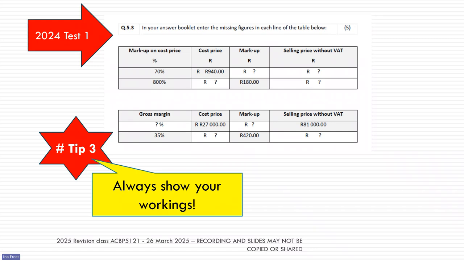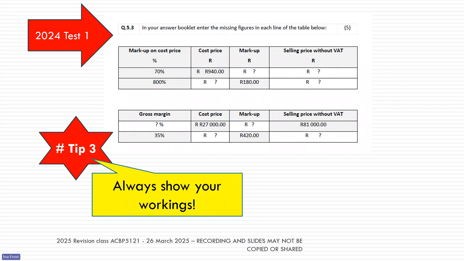So it is possible that we can start you off in the question by first giving you the cost price. Then we expect you to add onto the cost price the markup, depending on the question, using the relevant formula. Then you will get your selling price first without VAT, and then the question might go even further to say, now work out the selling price including the VAT, and then you also need to add VAT onto that selling price.